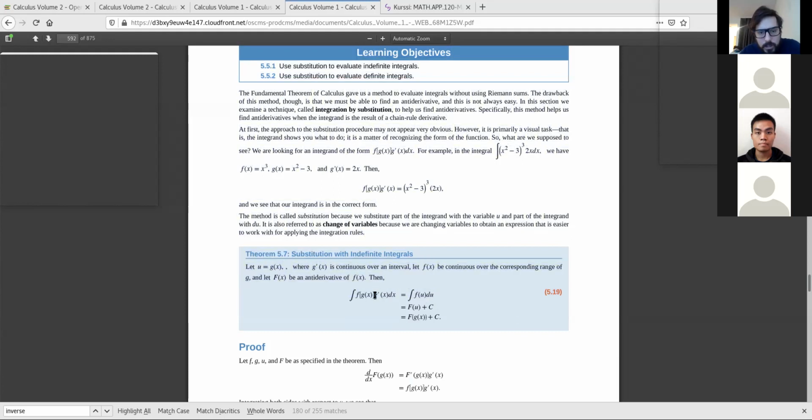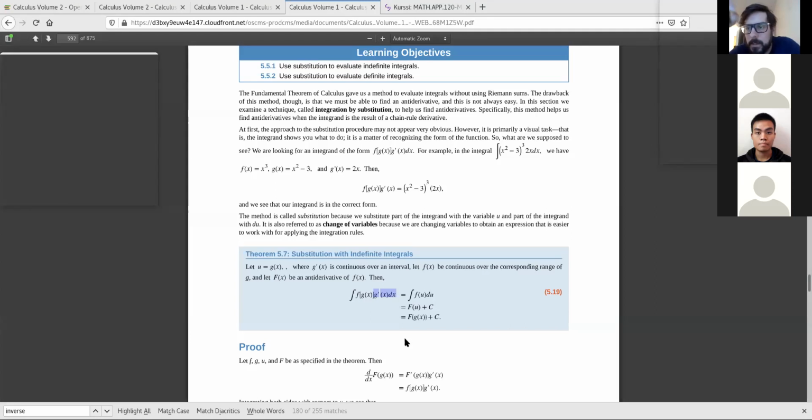Why do we write this g prime of x dx? Remember that this dx stems from delta x, this small change in x. Now, if x changes a little, how much does g of x change? Well, g of x changes by this much, plus, of course, a tiny, teeny error.